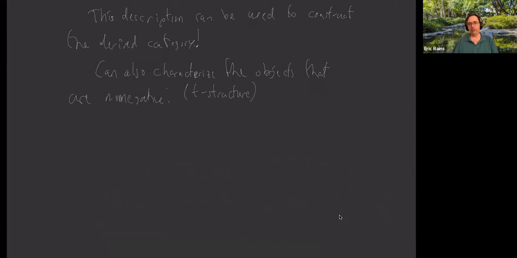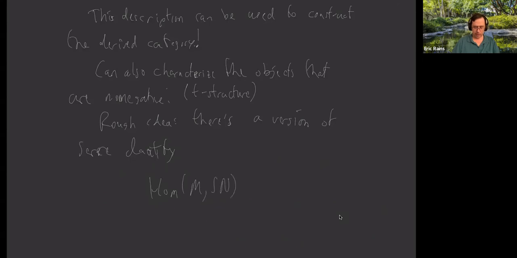And the rough idea here is that there's a duality. So there's a version of Serre duality, which is basically this functor on the derived category, capital S, that gives rise to duality.